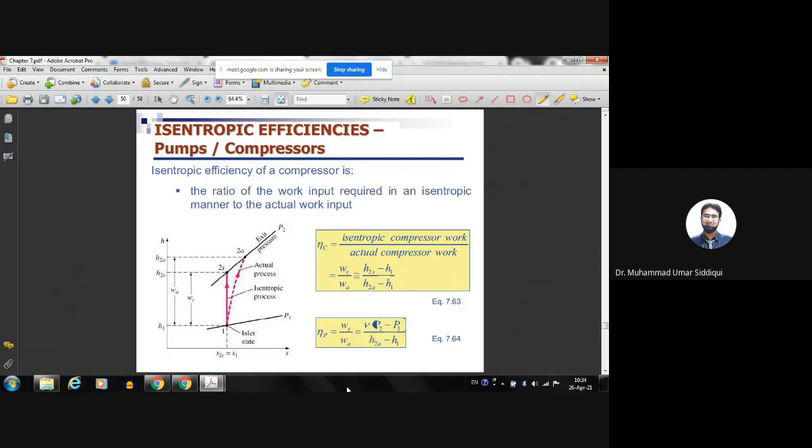Compressor uses the work in the form of electrical energy and converts it into high pressure. So we have from low pressure to high pressure movement. Okay, so on the HS diagram, it would be represented by a vertical line for an isentropic process, and obviously it will be represented by a tilted line with an increase in entropy for the case of the actual process.